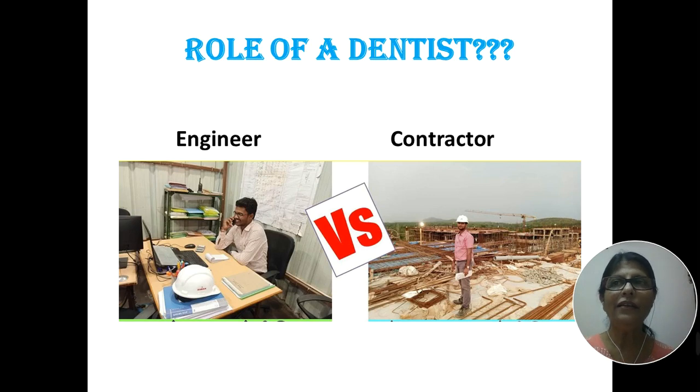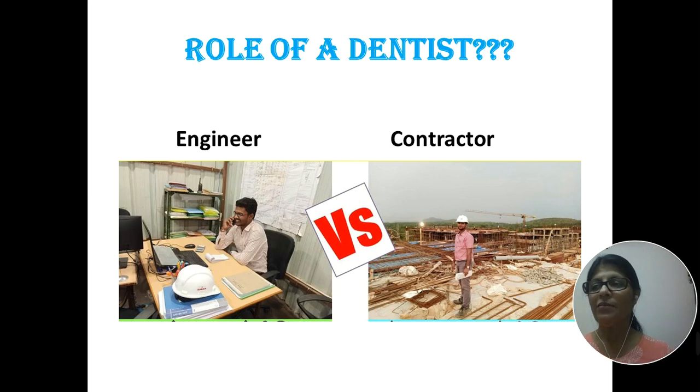Now, a contractor is responsible for joining the beams, but the engineer is responsible for the design of the bridge. If the engineer knew nothing about the physical and chemical properties of the materials, then the structure would undoubtedly fail. So the same is the case with the dentist.